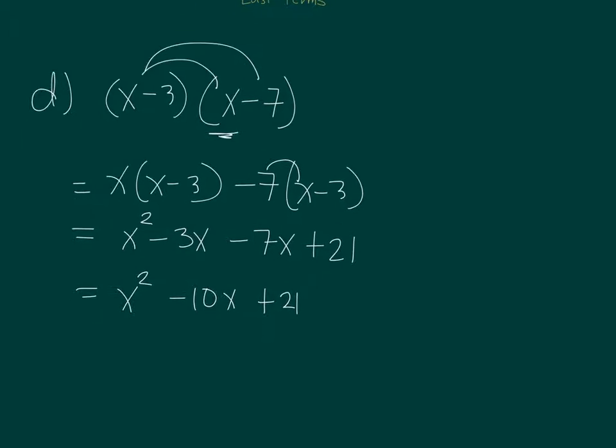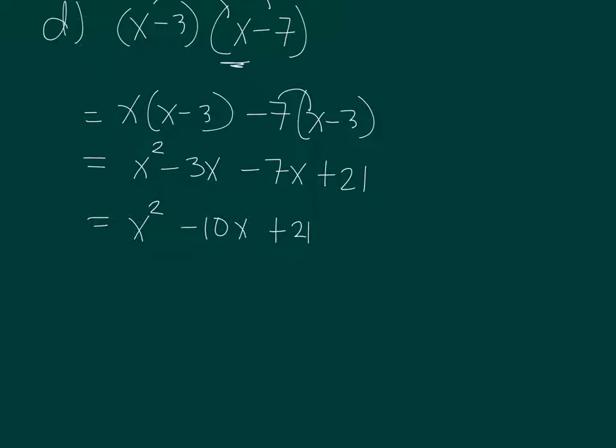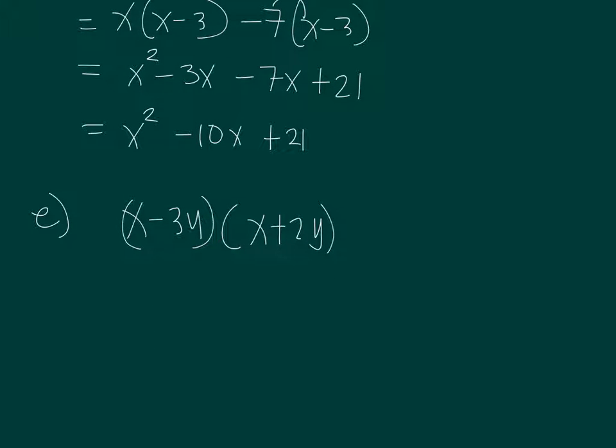Okay, so moving on, let's try letter E. We have x minus 3y multiplied to x plus 2y. So since we applied the distributive law on the letter D, let's apply the FOIL method on letter E, so that you could see how the other method is done also in other problems.